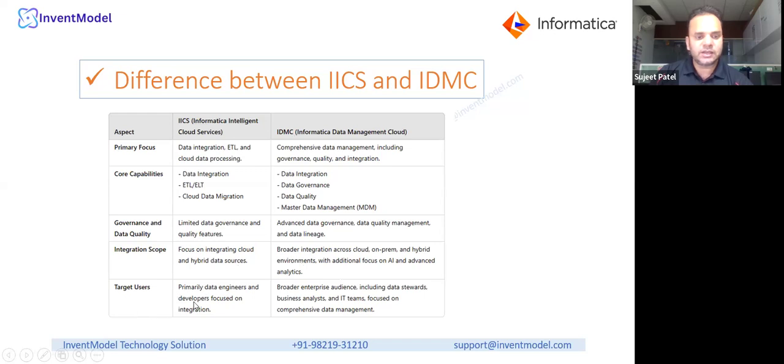If you talk about target users, primarily data engineers and developers use IICS, but IDMC can be used by a broader enterprise audience, including data stewards, business analysts, IT teams, and business teams. So this is the broader umbrella under which we do many things. And this is just a small umbrella. Within that, we do mostly data integration and data migration work. So hope we got some idea on the difference between IICS and IDMC.